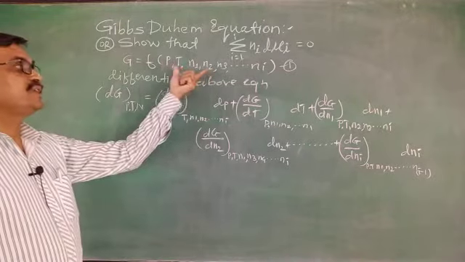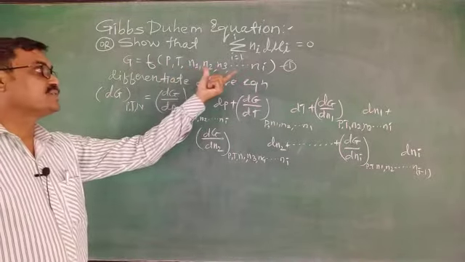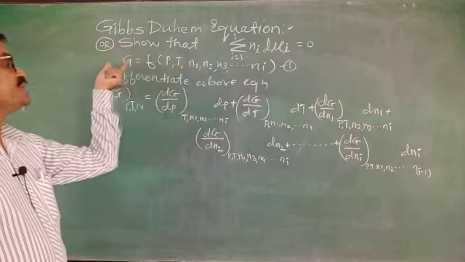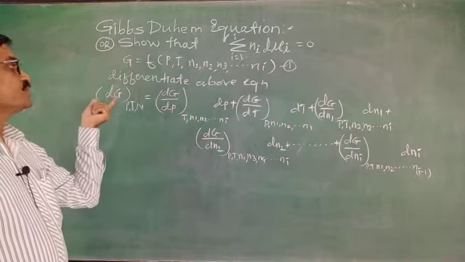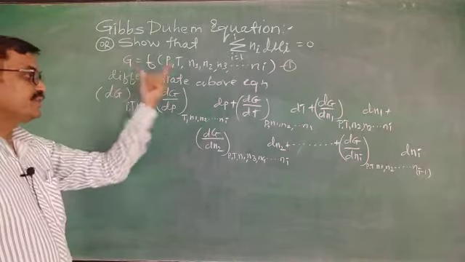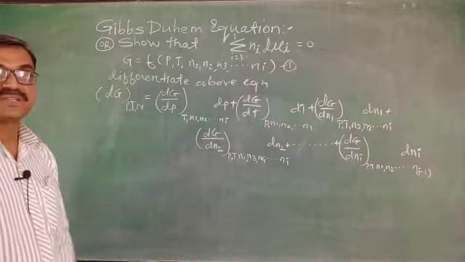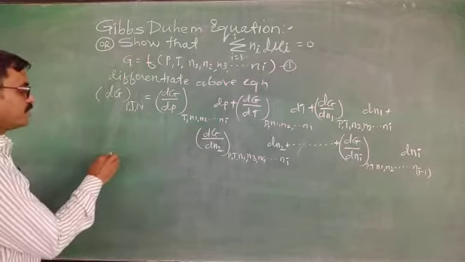Because a small change in pressure, temperature or any of the constituents causes a change in the Gibbs free energy G. That's why, to get the small change dG, we differentiate and get this expression.